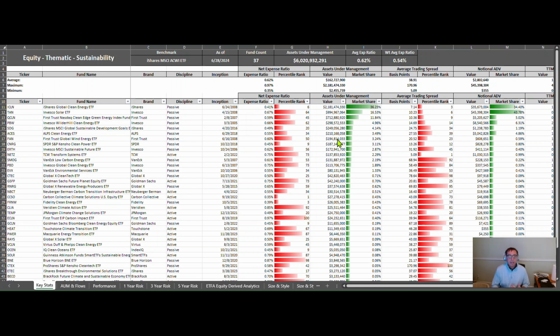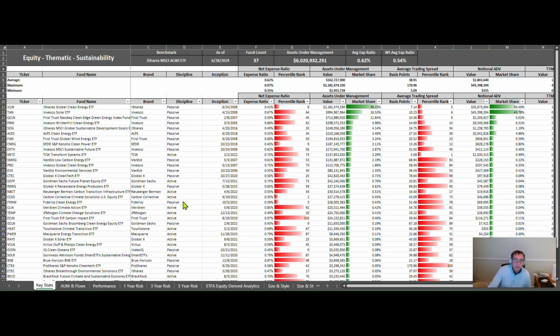You'll be able to access all of these data packs for every category that we currently have. And as I mentioned, they're updated every month on the second business day to provide all of our users the ability to quickly review a category, all the funds in it, and understand the makeup of the category and the differences of the products inside of it. So let's go ahead and get started and take a look here.